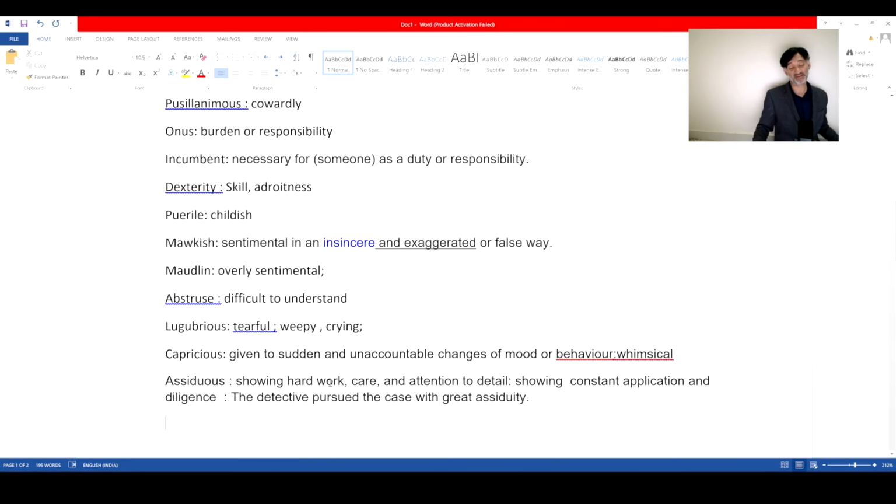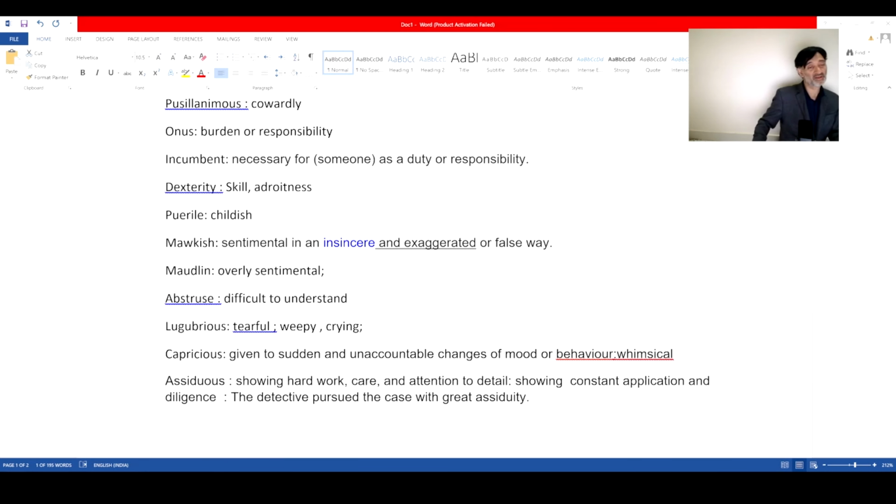Great assiduity. That is a sentence related to assiduous. I'm not sure how it is pronounced. Assiduous. Okay. So hope you remember these words.